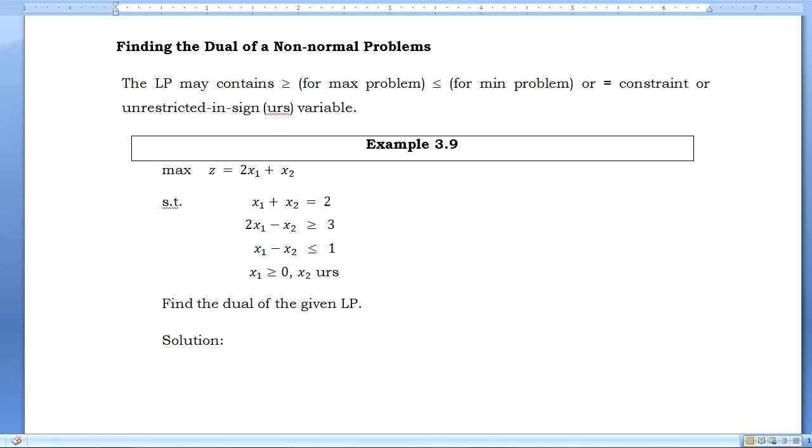Many LPs are not normal maximum or normal minimum problems. Some LPs may contain greater than or equal to constraints for a maximum problem or less than or equal to constraints for a minimum problem, or maybe they have an equality constraint or unrestricted in sign variables.